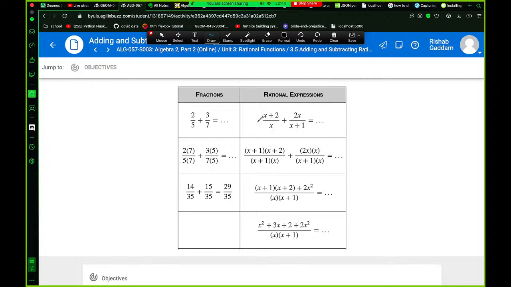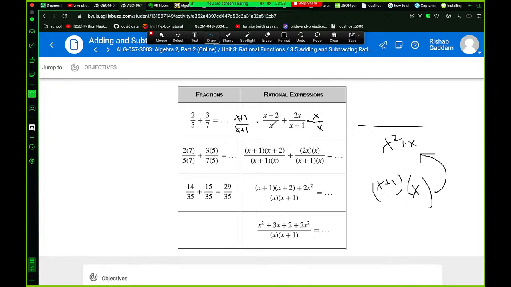So basically, we could just do what we did for the fraction. We can multiply x plus 1 over x plus 1 over here, and that would be doing the same thing. And we can multiply x over here, and yeah. So now after we do that, we have x squared plus x, because x plus 1 times x is that.